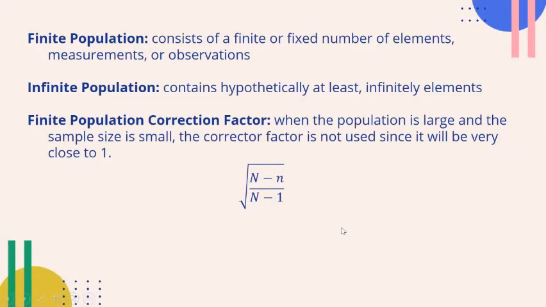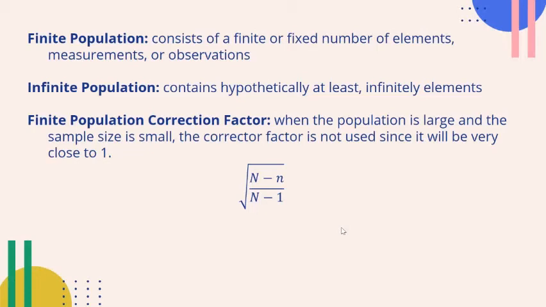A finite population is one that consists of a finite or fixed number of elements, measurements, or observations, while an infinite population contains hypothetically infinitely many elements.